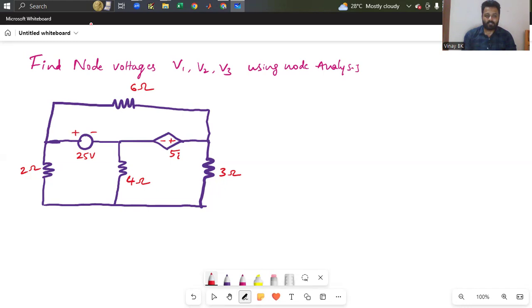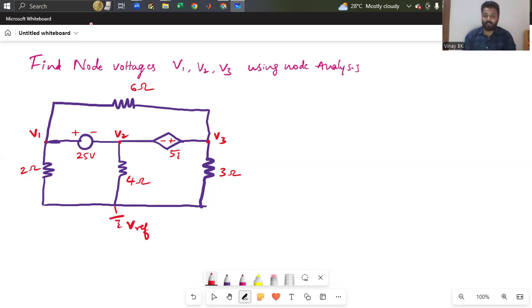So here they ask you to find node voltages V1, V2, V3. They are only mentioned here. And you can easily get to know the reference node. This is your reference node, V reference. So it is having two super nodes. Sorry, three nodes, V1, V2, V3.